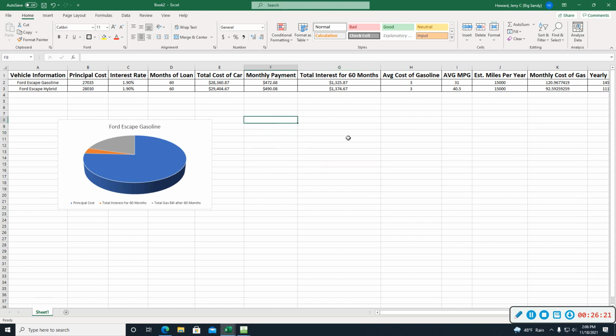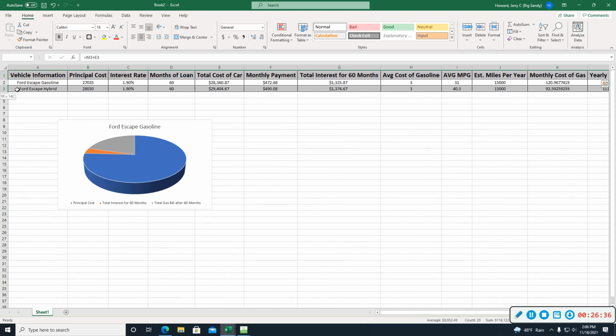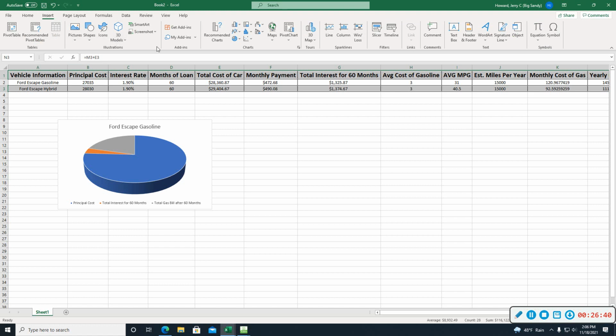So now I want to do a comparison chart, and I come up here and grab all of this line here all the way across, and I hit control and I grab this one. The only one I'm not catching is the gasoline. I'm just doing those, and I hit insert, come back over.